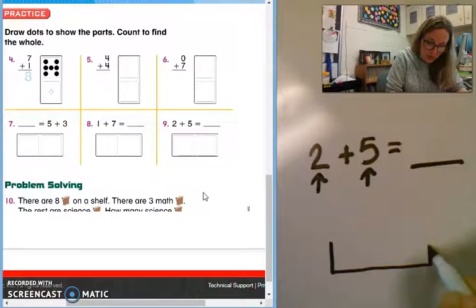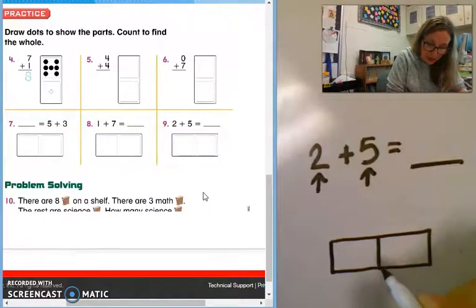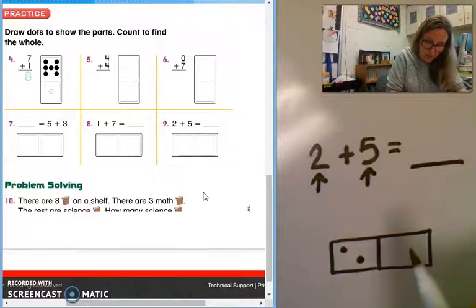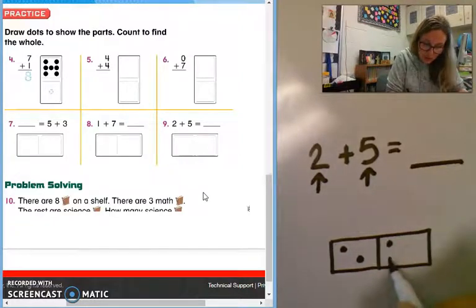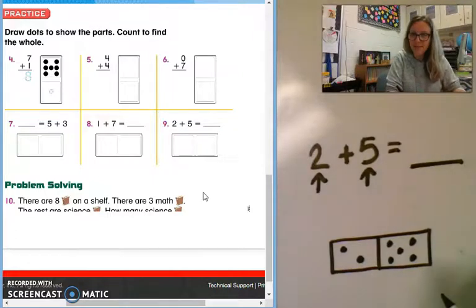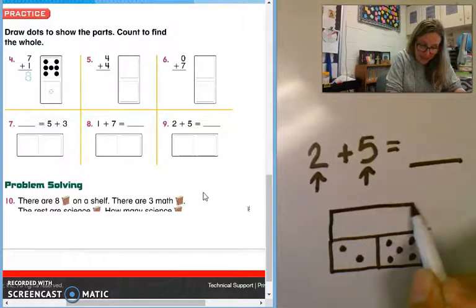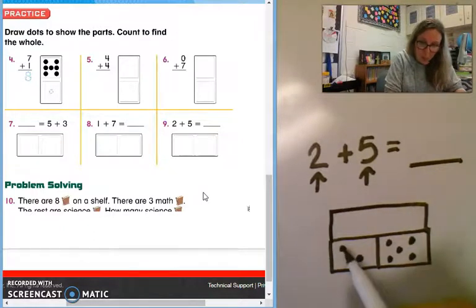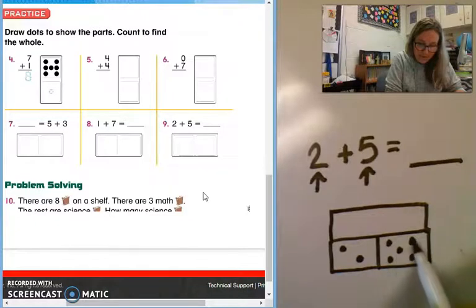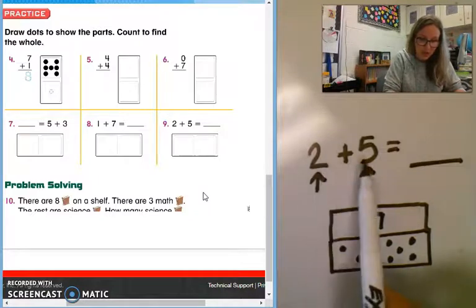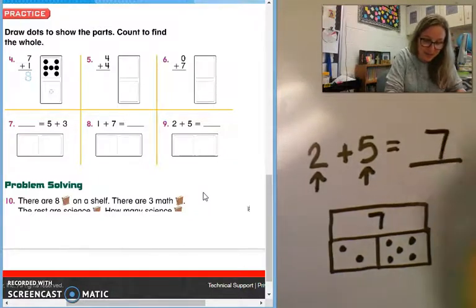So if I draw my rectangle here and break it into two parts, the first part has 1, 2. And the second part has 1, 2, 3, 4, 5. Those parts together, if we count them up, equal 1, 2, 3, 4, 5, 6, 7. So altogether, 2 plus 5 equals 7.